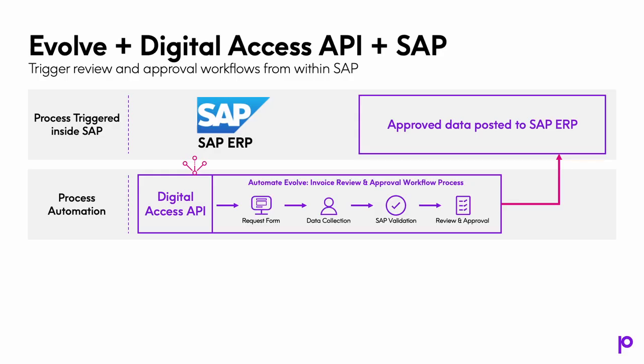And then another interesting one we've had a customer do, and this is for cost center creation within SAP. So this happens all within SAP, except they're using Evolve because they want business users to be able to review and approve the information around those cost centers, but they don't want to do it in the SAP interface. They don't want to do it in the SAP GUI or in Fiori. Honestly, I'm not sure which one it is.